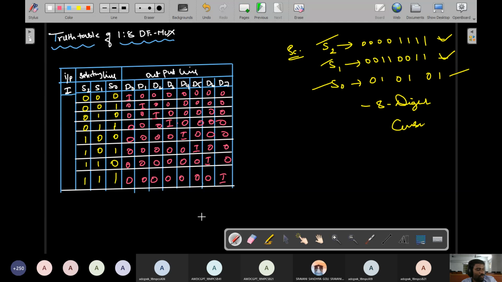I'll move to the block diagram, the logic gate diagram.